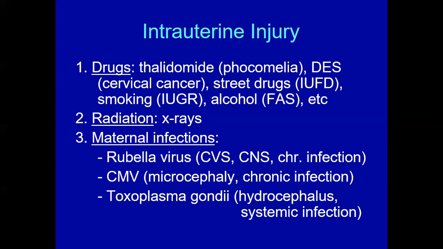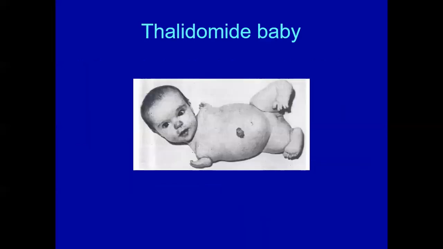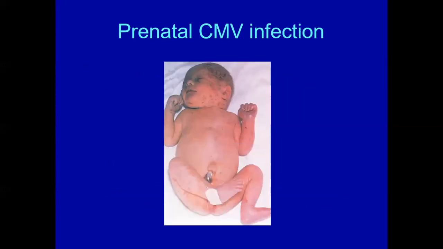There are also maternal infections like cytomegalovirus, rubella virus, and toxoplasmosis. These infections can affect the cellular system and cause abnormalities in the gene. Thalidomide is a drug, and prenatal cytomegalovirus infection is another cause.